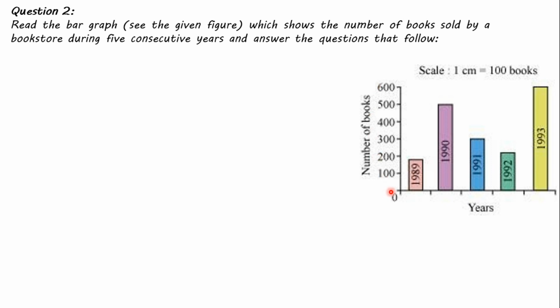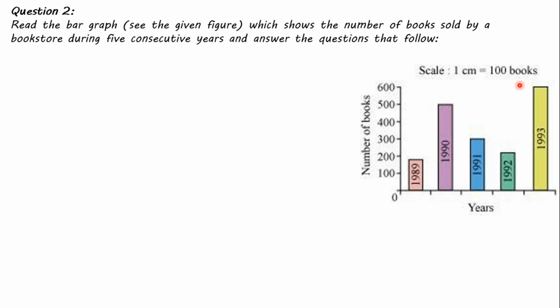So between each we have the difference of 100. From 0 to this point there is a difference of 100. Here also we have difference of 100. So we can say that the scale which we are using here is 1 centimeter equals to 100 books.